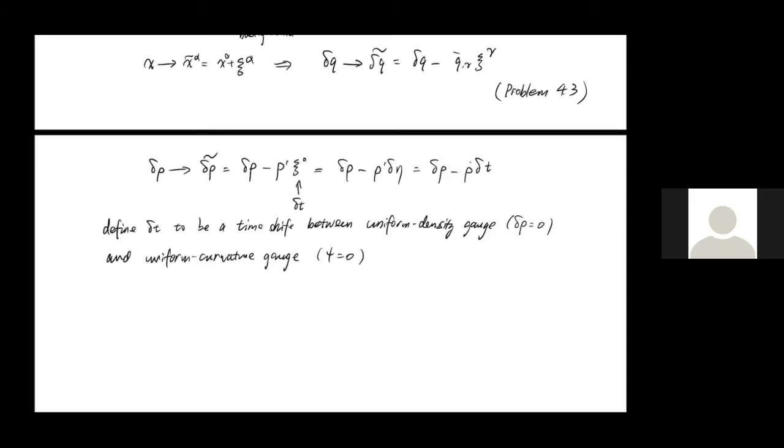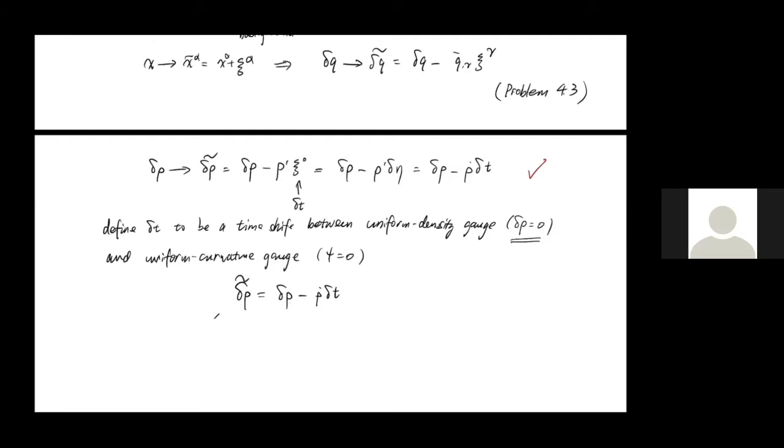So in this case, if we look at this formula, we can find that on the left-hand side, because it's the uniform density gauge, we have this, right? So it is 0. And on the right-hand side, let me just write more clearly. So it's delta rho tilde is delta rho minus rho dot delta t.